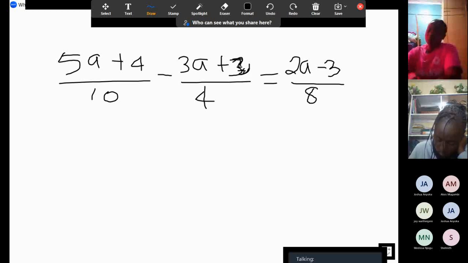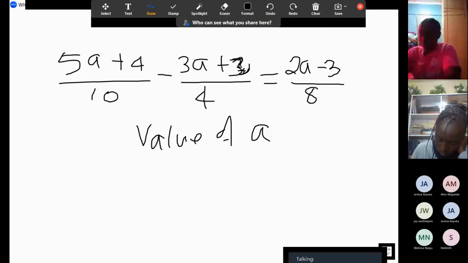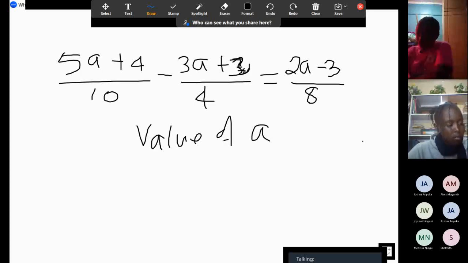Find the value of a. Once we are done, we are on to share our answers.